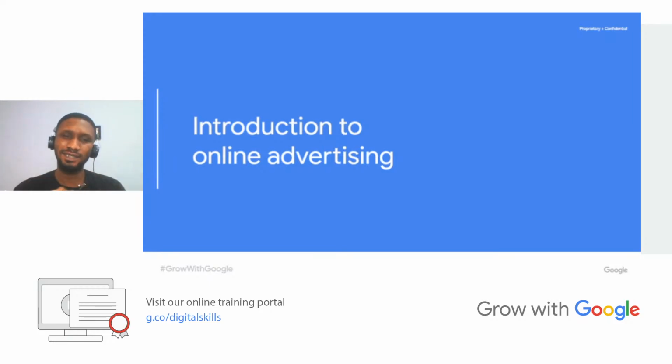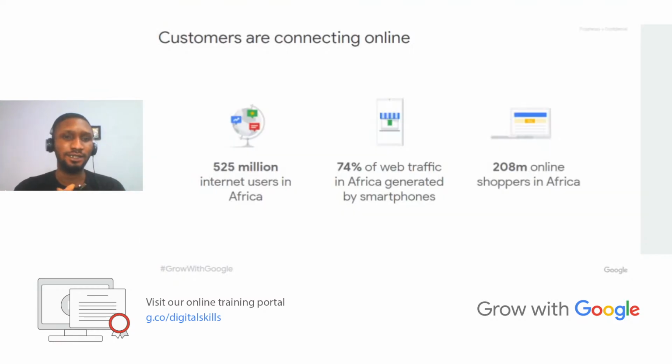So it's needless to say that to get results, you need to be found online where potential customers can, of course, see you, particularly when they are looking for information about the products or services you are offering. You do want to be seen. You want to be found right there when people are searching. So that's what we'll be looking at in this first part of today's session, just introducing you to what online advertising is all about.